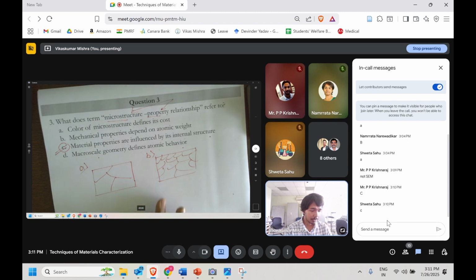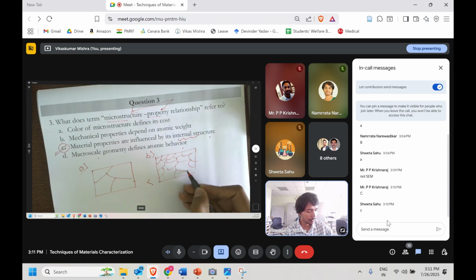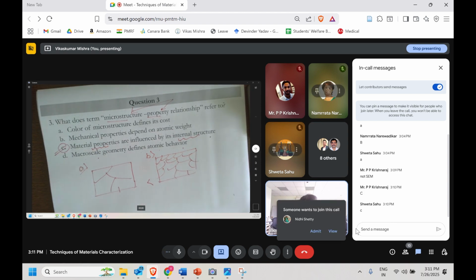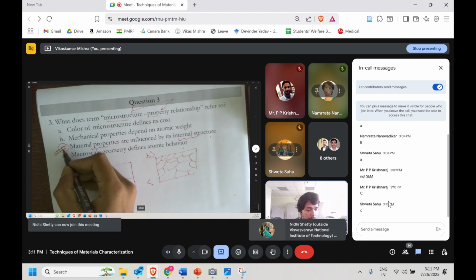Let's talk about metals. Here the hardness in B will be higher compared to A. The ductility of A will be higher compared to B. So we know that the internal structure is going to affect the material properties. So with that we can say option C is the right answer.